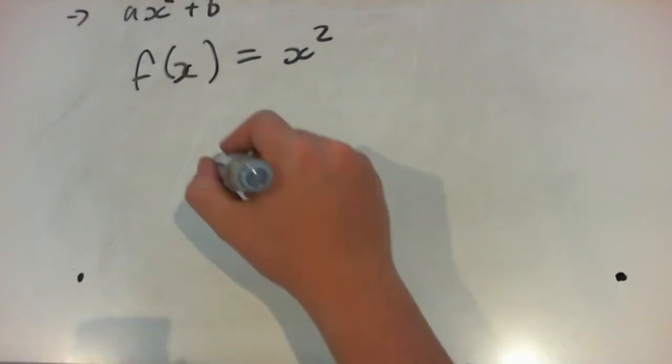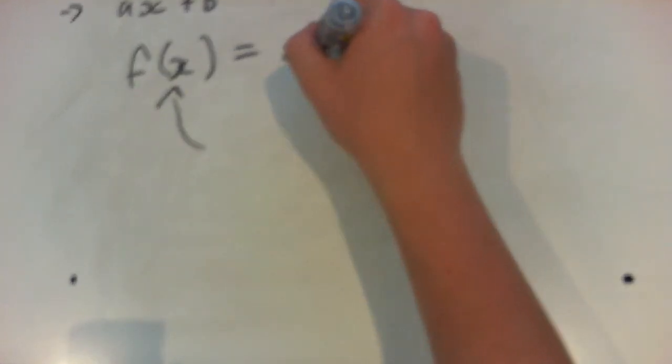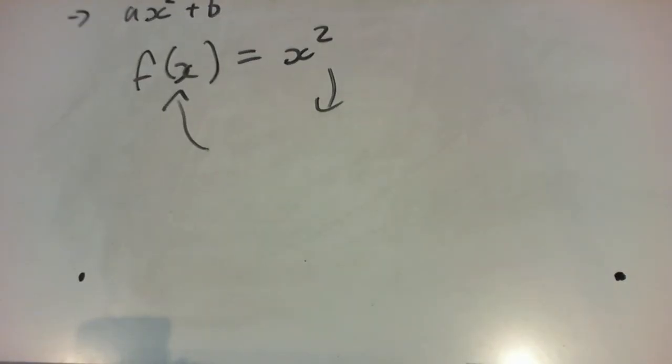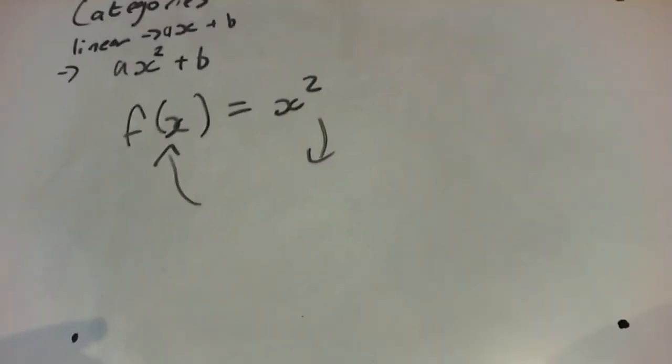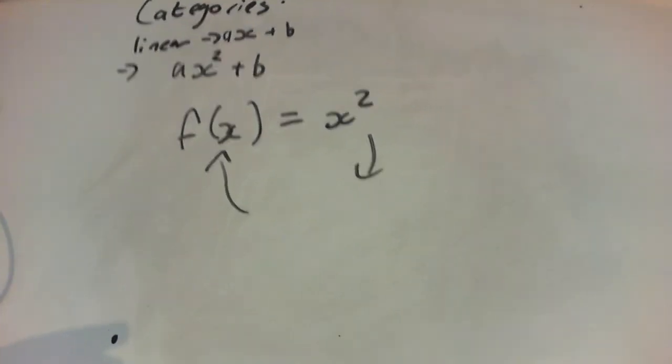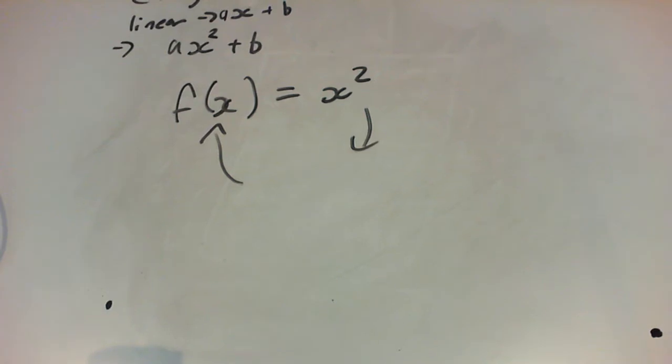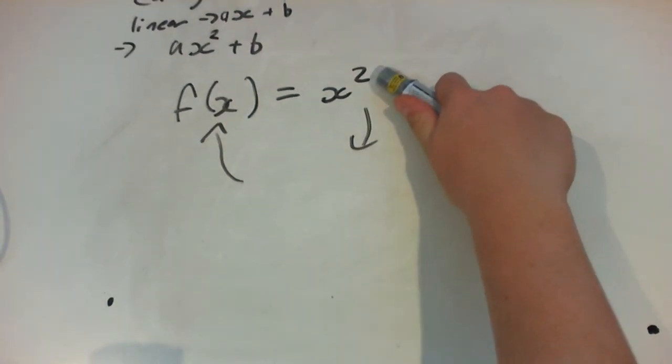That means when we throw in something in there, it gets squared and it comes out. Now the weird shape that the parabola has is due to the fact, firstly, because it's a function with a number bigger than 1.